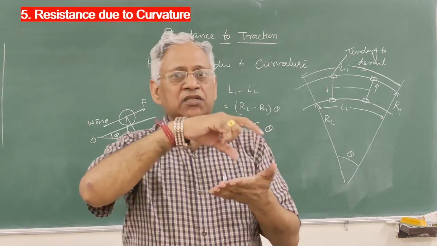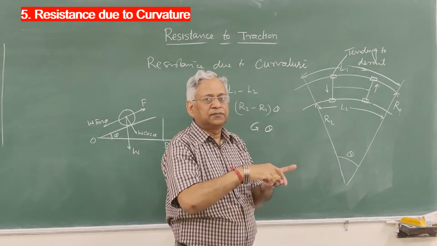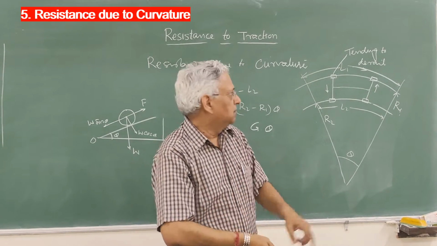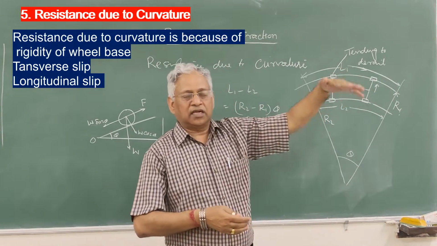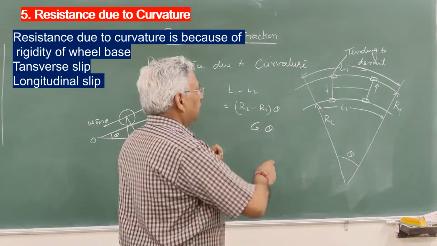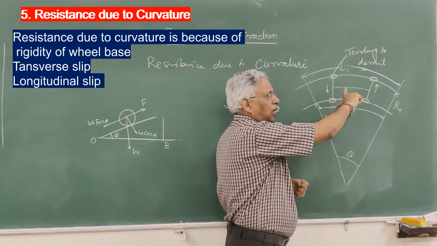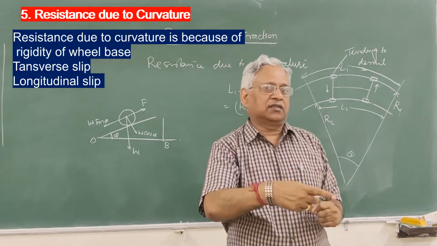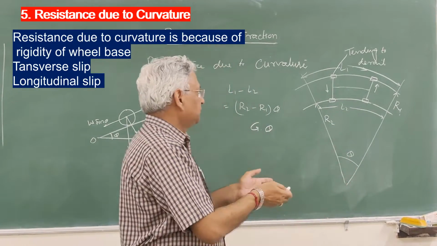So the resistance due to curvature is mainly because of three reasons. Number one, because of transverse slip of the wheel, number two, because of longitudinal slip of the wheel, because this outer wheel has to travel a larger distance, and therefore it tries to slip on the rails.